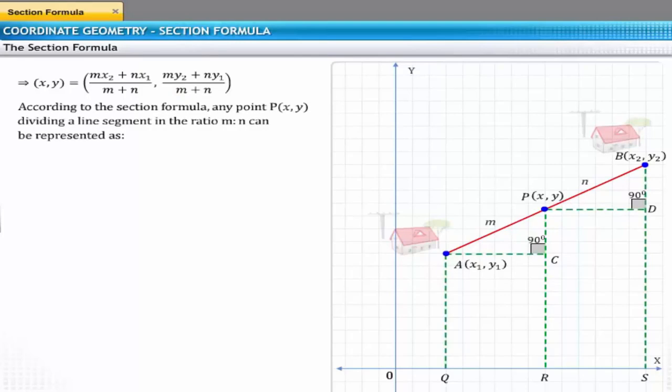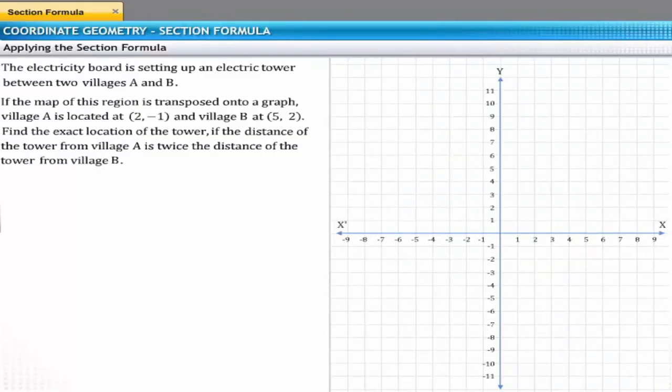According to the section formula, any point P, x, y dividing a line segment in the ratio m:n can be represented as mx2 plus nx1 divided by m plus n and my2 plus ny1 divided by m plus n. By applying the section formula obtained, you can now determine the exact location of the electric tower.